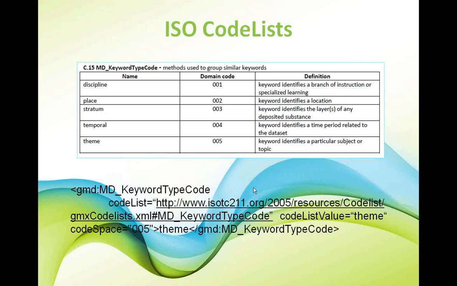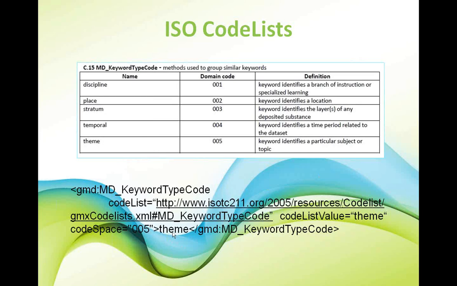The best practice for using code lists is that you put the code list value here, because these two items are mandatory: the code list, which is the URL to your code list and its definition, and the code list value, which is the selection of which item from this code list I am selecting.